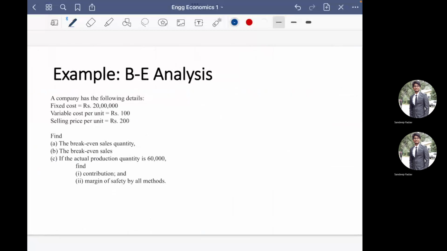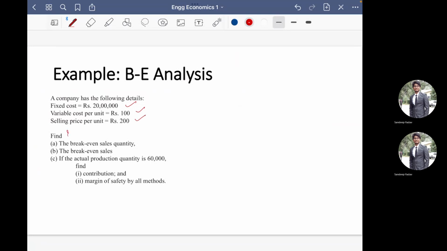Now this is an example that says a company has the following details: fixed cost 20 lakh rupees, variable cost 100 rupees per unit, selling price 200 rupees per unit.